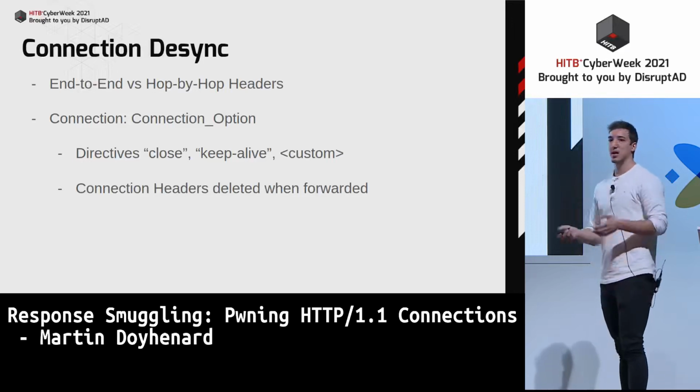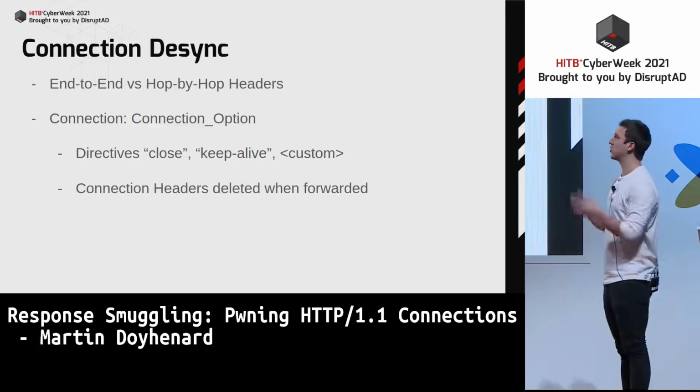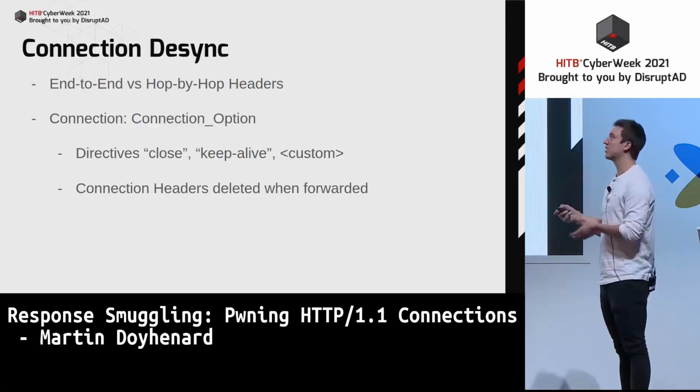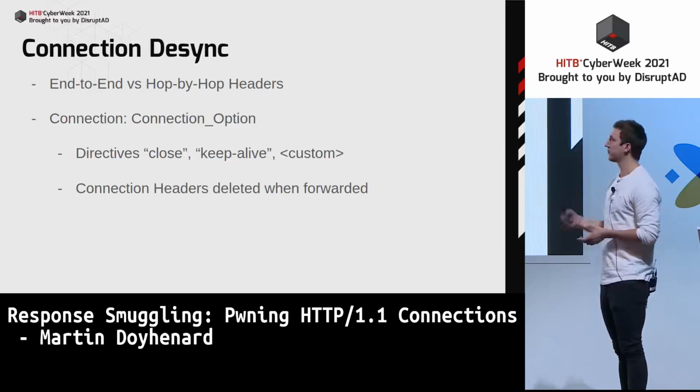So in many previous examples, we were exploiting an issue that exists because of the implementation of the RFC or of the parser. But there is also another way of exploiting this, and it's to use the RFC and to use some concept that, when the HTTP RFC was written, was not considered.